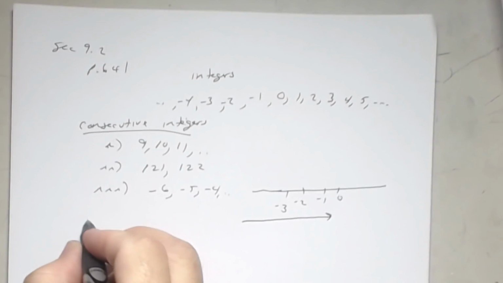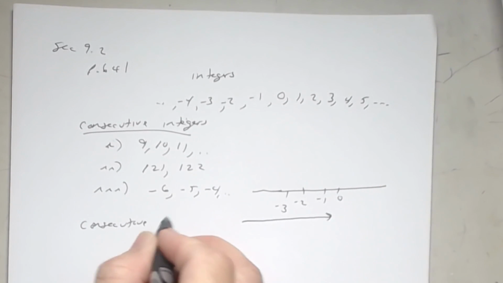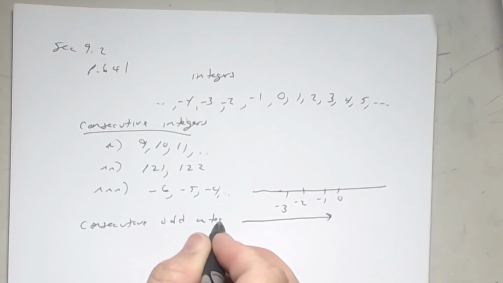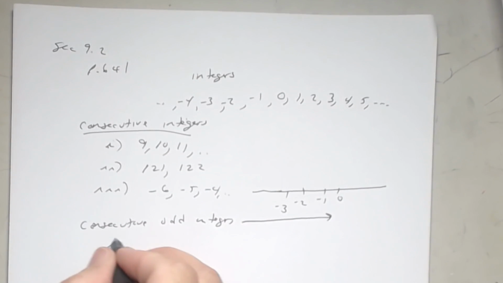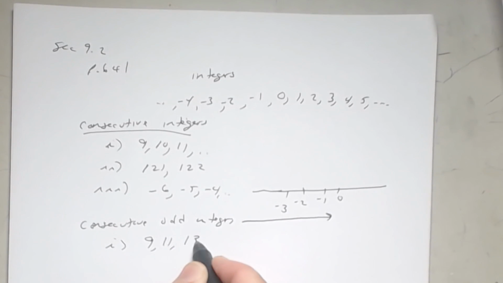All right, let's talk about consecutive odd integers. Some examples would be like 9. What's the next one? 11. What's the next one? And so on. So those are consecutive odd integers.